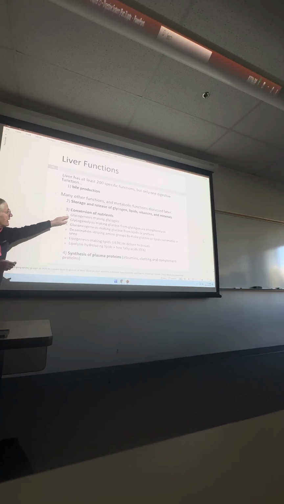And then we have the ability to convert. Glycogenesis is making glycogen, so taking excess sugar and excess fat and converting it into glycogen. We can make glycogen, we can turn glycogen into glucose.